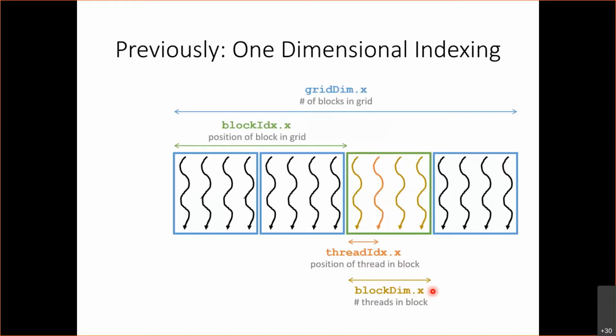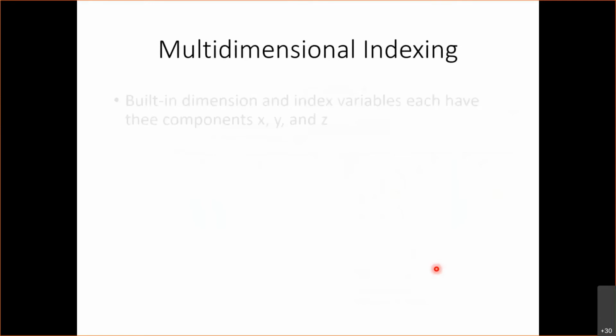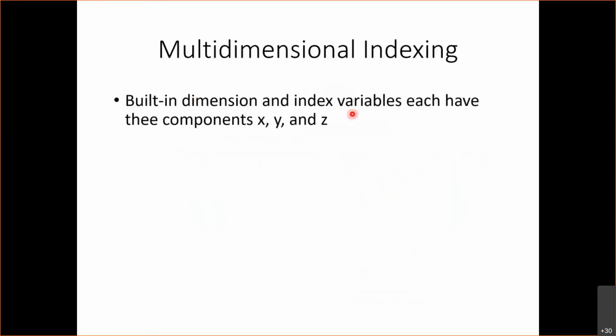Now, in the vector addition example, because these were one-dimensional grids, we don't use those .y and .z components, but in this case, we are going to use them. Let's see what a grid looks like. The built-in dimension index variables each have x, y, and z components.